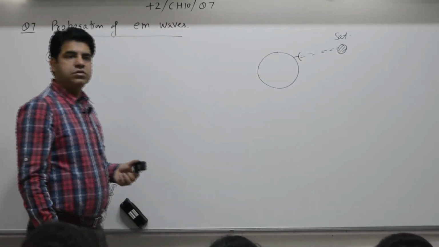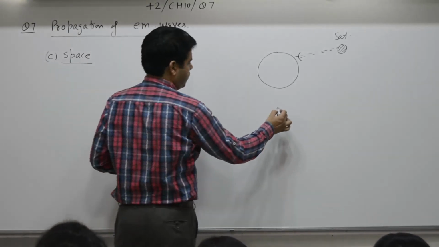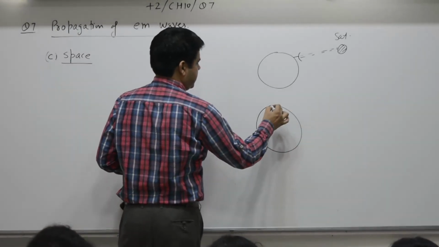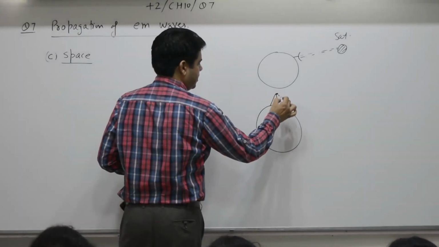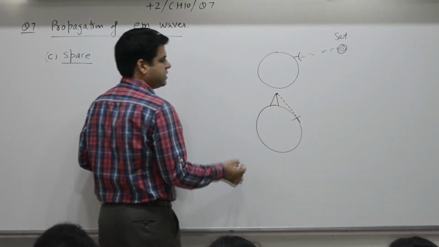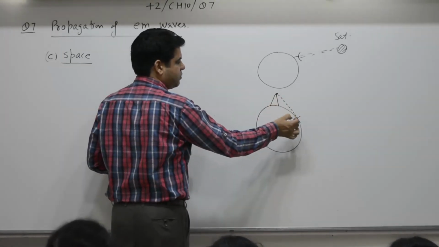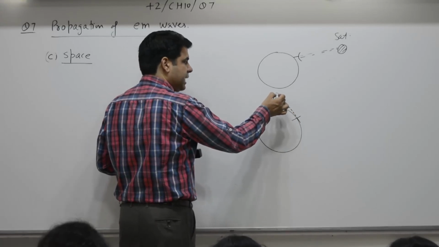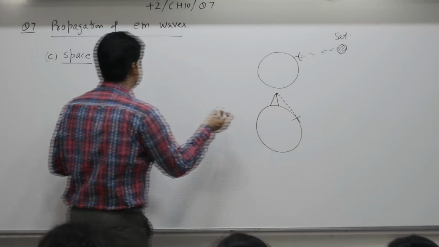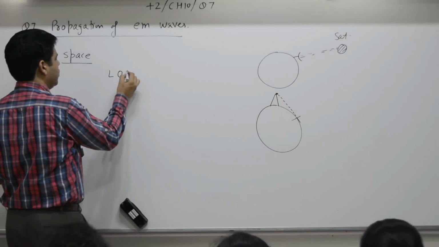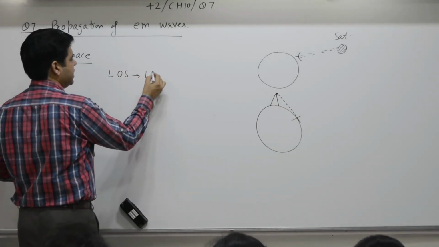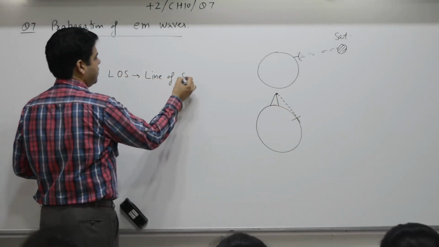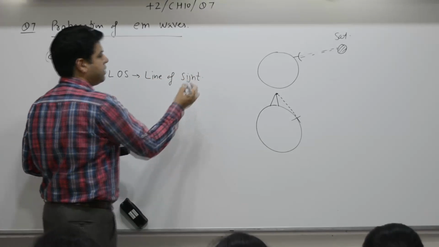For a TV tower also, all persons up to this point can see. This point has to be in line of sight. That is why it is also termed LOS, line of sight communication.